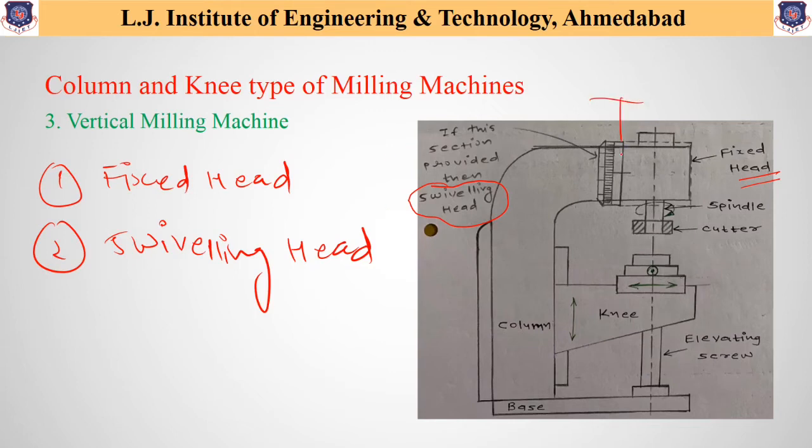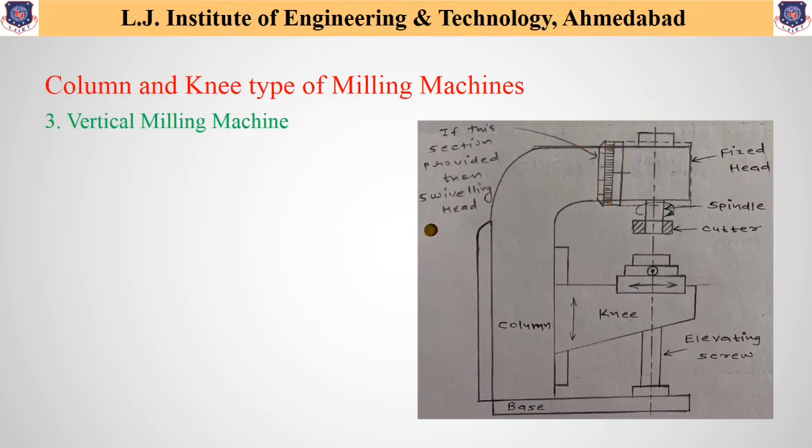So if we look at the figure available over here, we can say that if the spindle always remains vertical and it can only be adjusted up and down, and it remains at a fixed position on this vertical axis, at that time this type of head is called the fixed head, and there are no gradual markings available. So this is the first type, that is the fixed head type vertical milling machine.